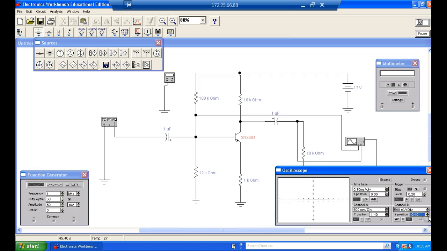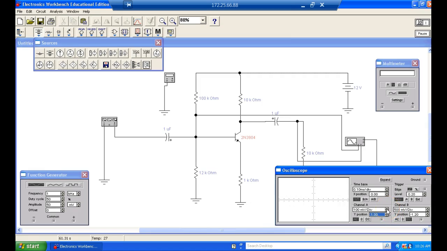Let me find it. So what do you notice about the input and the output? They should be exactly the same because we got it shorted between the collector and emitter, so we're not getting near the gain that we expected to get, right? And not only are they together, they're also in phase with each other.